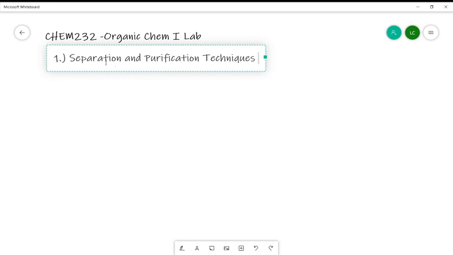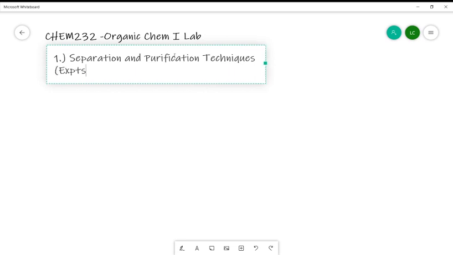So these are separation techniques, and you can sometimes combine them with reactions to quantify how pure whatever product you get is, and that's how you would probably use it in Organic 2 Lab when you do more reactions.